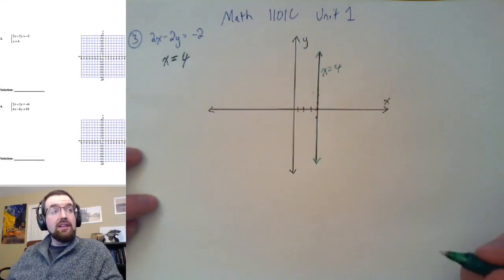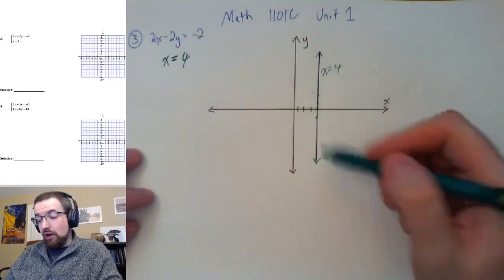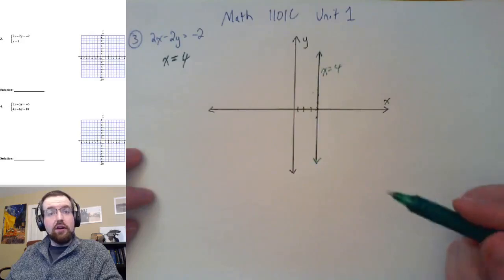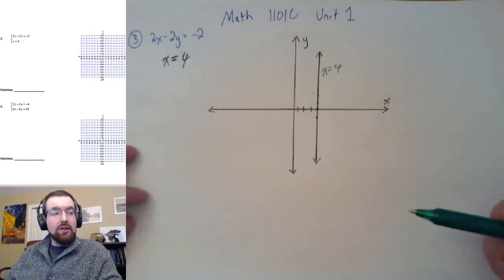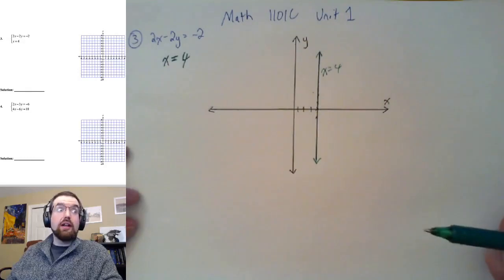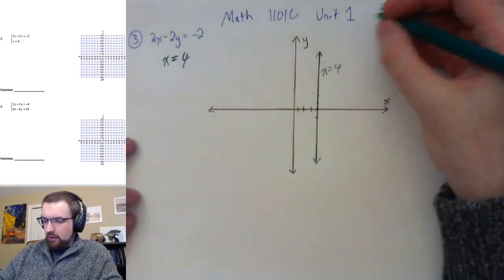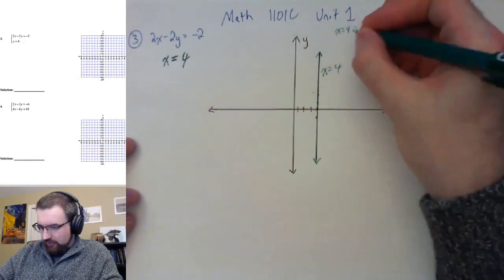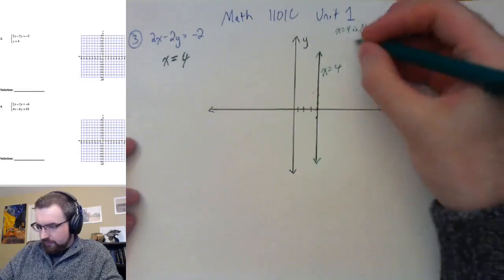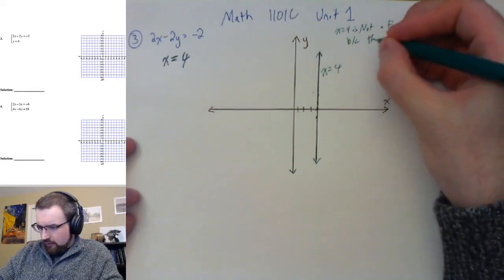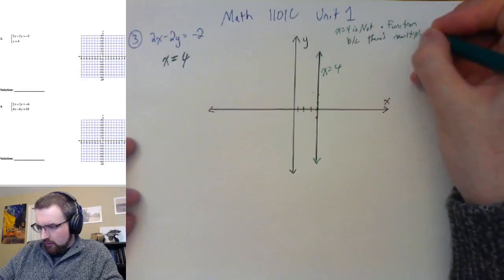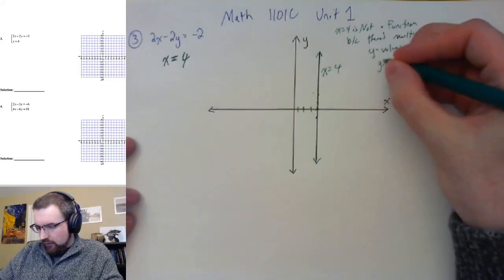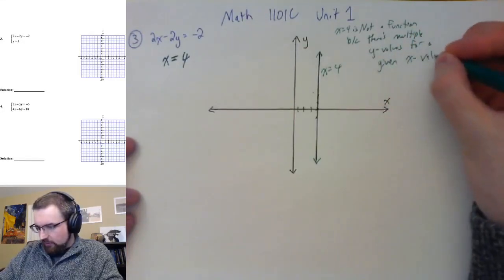It is worth knowing that this one is not a function. This is how you will graph it. You will graph it as a straight line. But x equals 4 is not a function because it fails the vertical line test, which means it has some points that are directly above and directly below other points. Rather, it is not a function because there are multiple y values for a given x value.